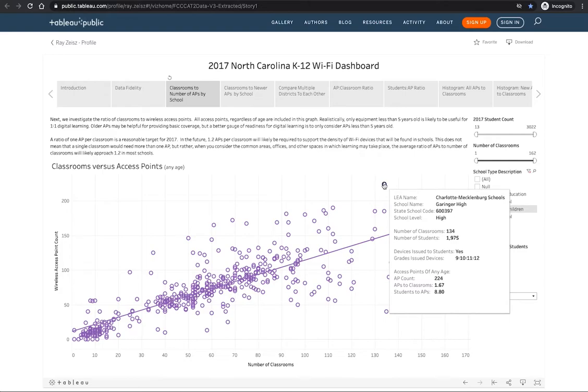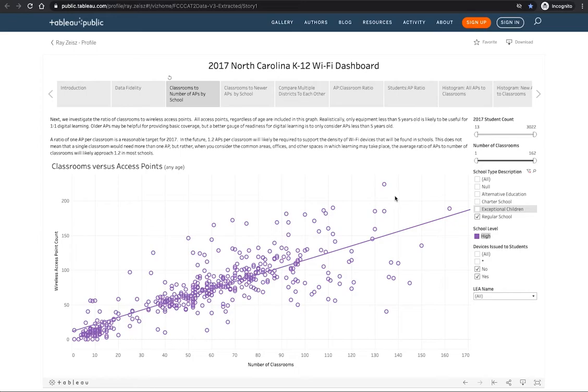And so that is a fairly large school, 1,975 students, 134 classrooms, and 224 access points. So they are 1.67 APs per classroom. And the inverse of that is the number of students per AP. So that's another statistic we'll look at in a minute.